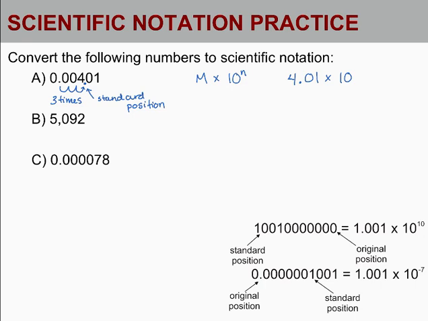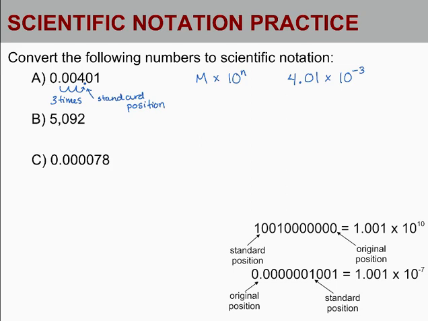So in this case, we had a small number, so that means that our exponent will be -3. Another way to think of it is that we had to move the decimal point over to the right, so that means that the value will be negative. So again, whatever way works for you for remembering how to determine the exponent is totally fine, as long as you get the same answer.